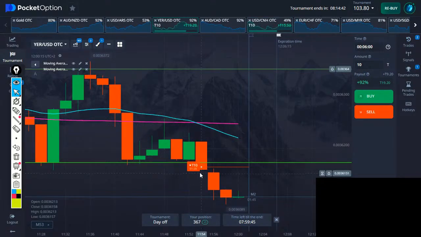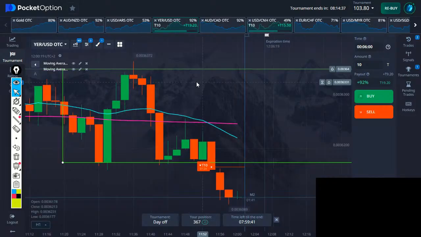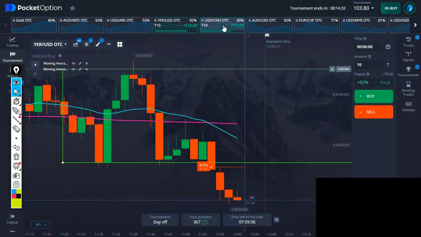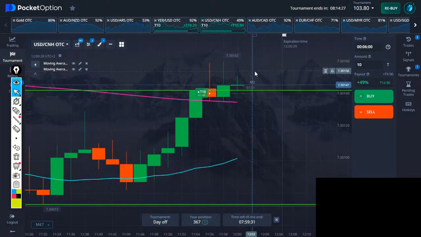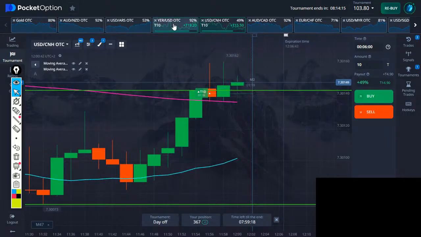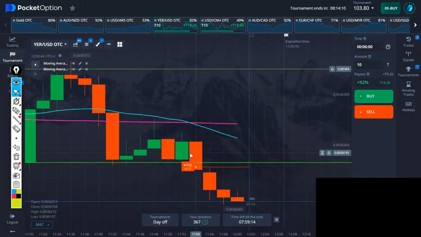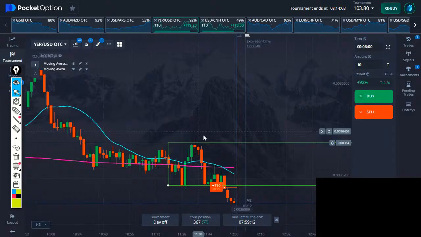This is a 90% guaranteed win. See, it's struggling to push up. 1 minute left on this one. Beautiful push.